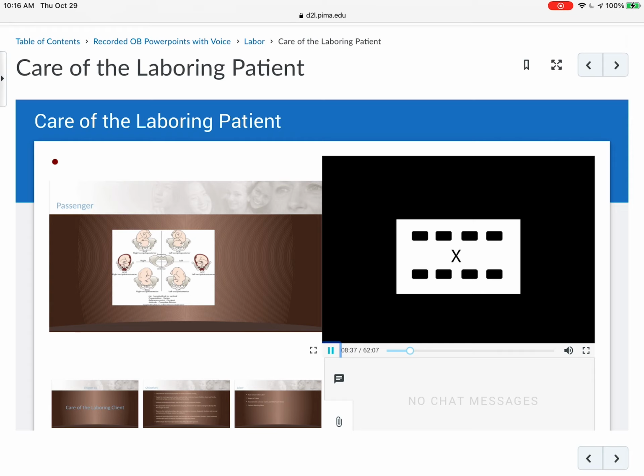But in this particular one, you can see ROA with the baby's back on mom's right side, occiput meaning the head's down, and anterior meaning the chin is tucked and it's looking down as it comes out of the birth canal. LOA, you can see that the baby's back is on mom's left side. Occiput, the head is in the birth canal, and A again means that the baby's chin is tucked.